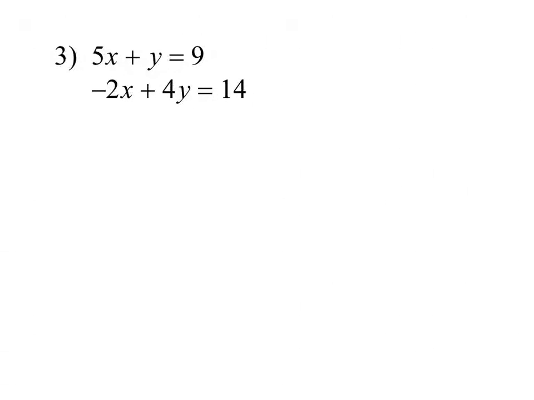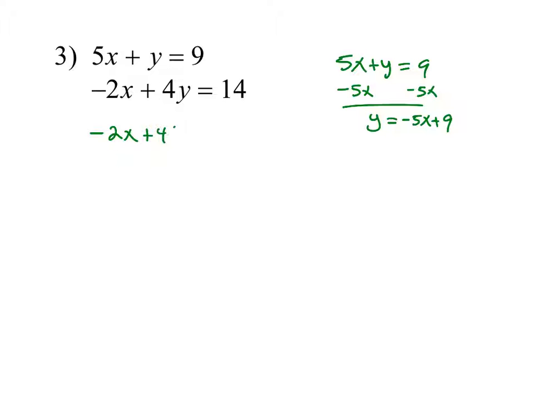The next one, again I'm going to solve for y, but in this case I'm going to solve the first equation. So 5x plus y equals 9, and y equals negative 5x plus 9. Now I'm going to plug that into my second equation: negative 2x plus 4 times (negative 5x plus 9) equals 14.